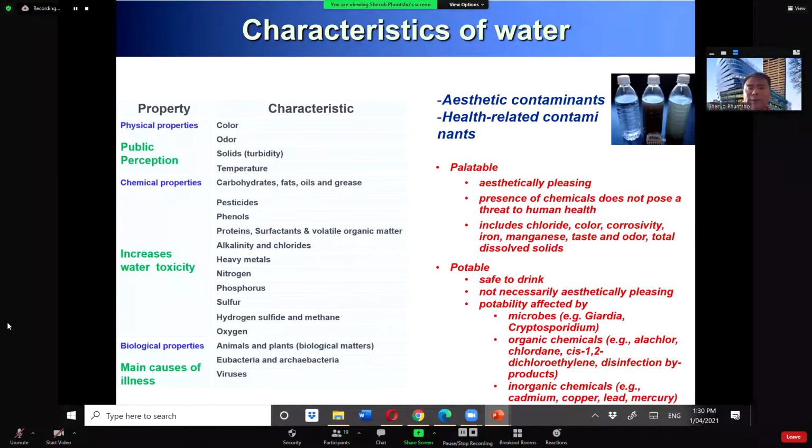Of course you can have hundreds, thousands of different chemicals, because nowadays, because of the industries, thousands, in fact millions of different compounds are being manufactured. New compounds are synthesized and commercialized every day.